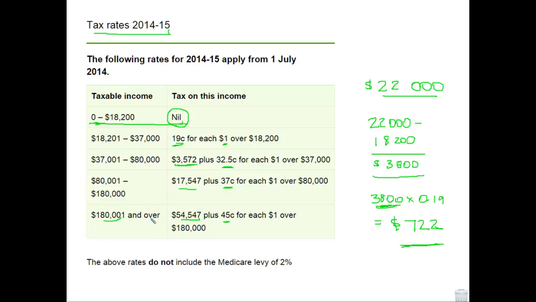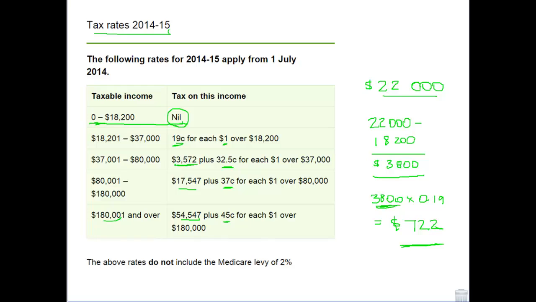The more money you earn, the higher tax bracket your higher income is put into. Remember, it's only the money that's over $180,000 that gets taxed at 45 cents. The first $180,000 gets taxed at these lower levels. And as we said, it doesn't matter whether you're making $18,200 or $180,000, that first $18,200 is free.